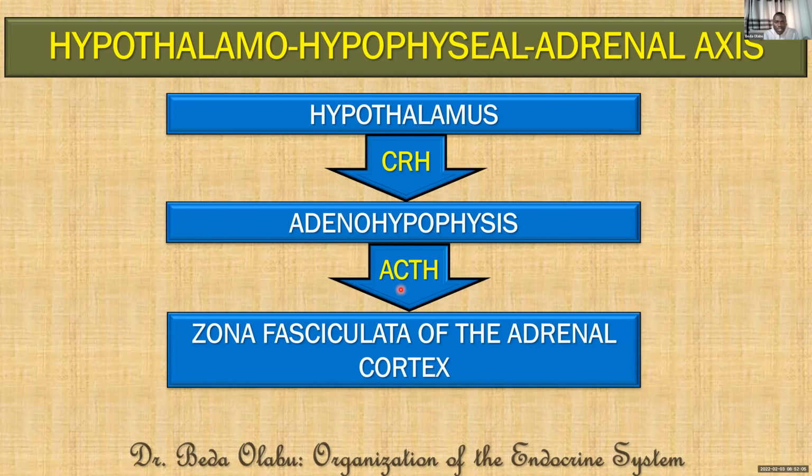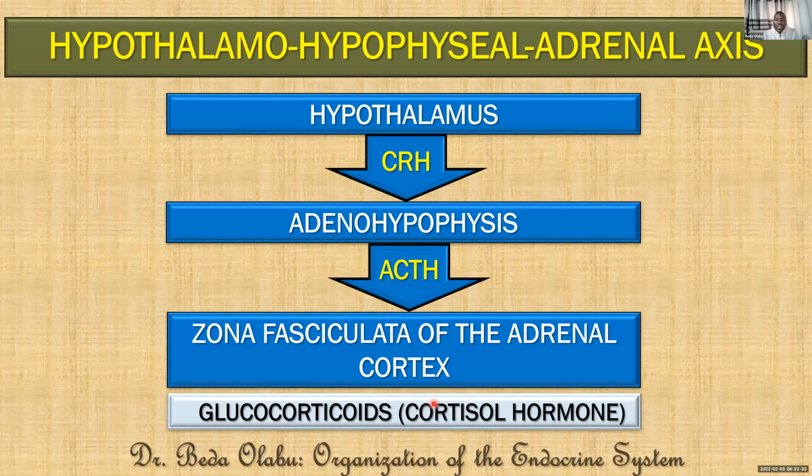This is corticotropin releasing hormone, and this is corticotropin. The other name of corticotropin is adrenocorticotropic hormone, and that's why it's called so. It is tropic to the adrenal cortex. In particular, it acts on the zona fasciculata of the adrenal cortex, and the effect is to promote production or secretion of glucocorticoids, cortisol being the principal hormone here. Right, that is zona fasciculata.